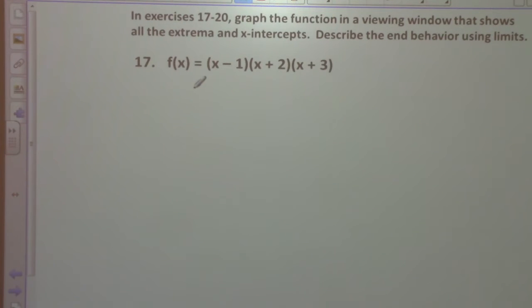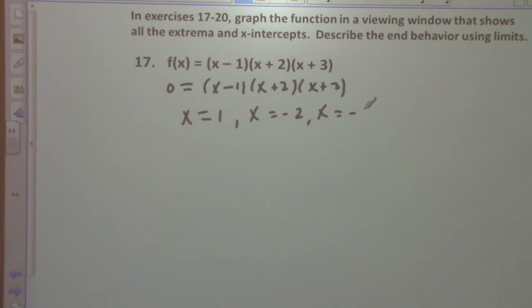Now, as it turns out, what are the zeros of this function going to be? 1, -2, -3. So Robert says our zeros are going to be x equals 1, x equals -2, x equals -3.